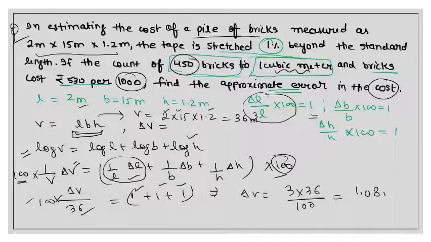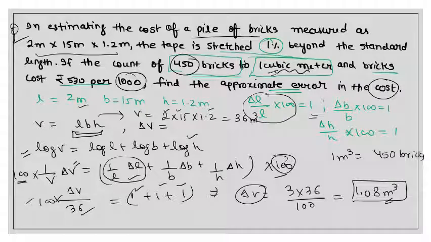So actually what that mason did, he calculated 1 cubic meter as 450 bricks, but there was a wrong calculation, and the change was 1.08. So for 1.08 meter cube, the bricks he calculated: 1.08 into 450 comes out as 486 bricks.